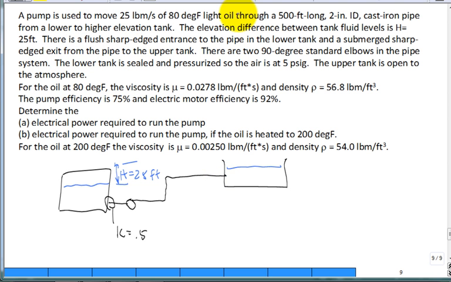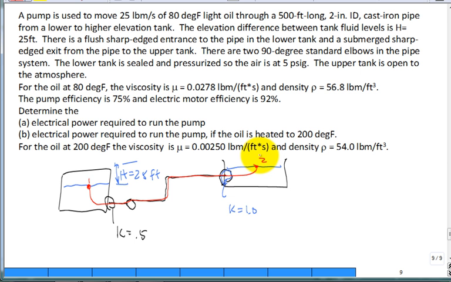There's a loss, and that loss coefficient's 1.0 because you're going to apply a Bernoulli to go from this point through the pump, through the two elbows, to that point. Got it? So you're going to go from point 1 to point 2.